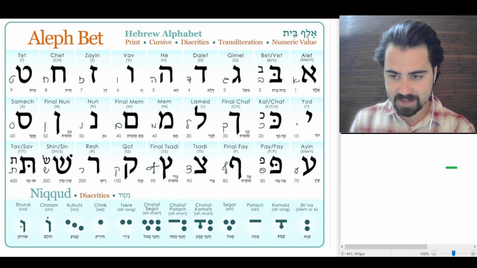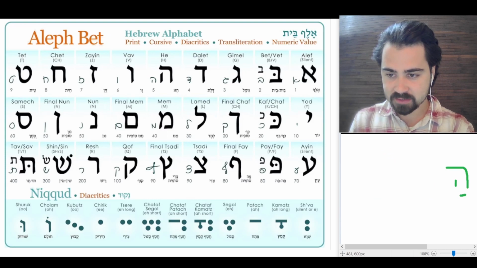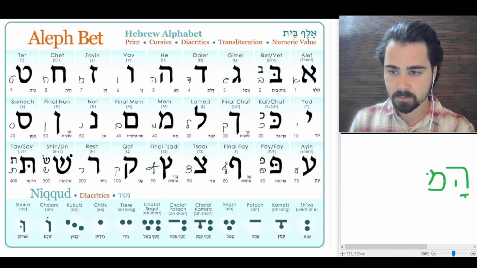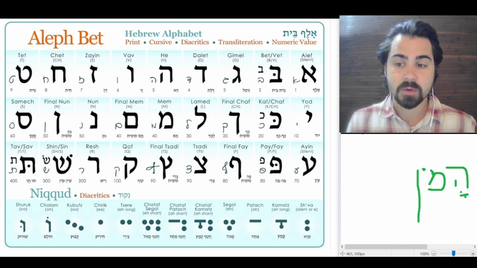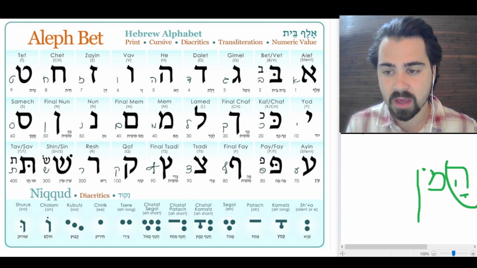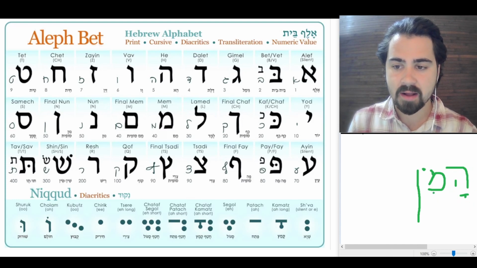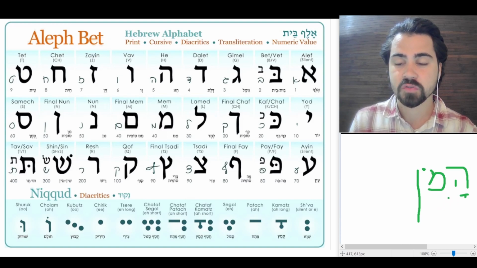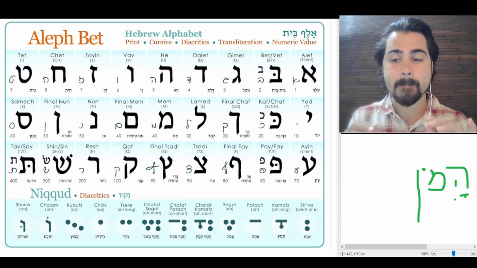Okay? For example, let's try reading this word. Oh, let's actually do it like this. So we have hey plus a, ha together, ha, and then m. We see no nikud, so we just read it as is, m.